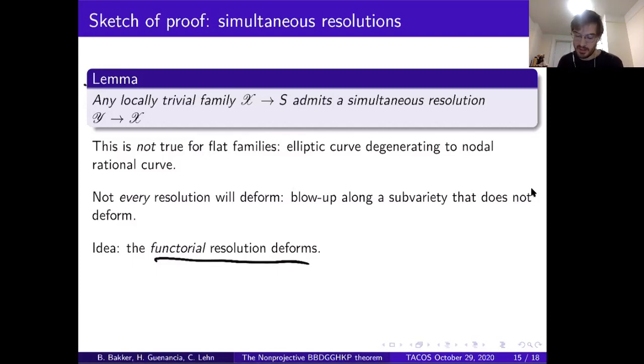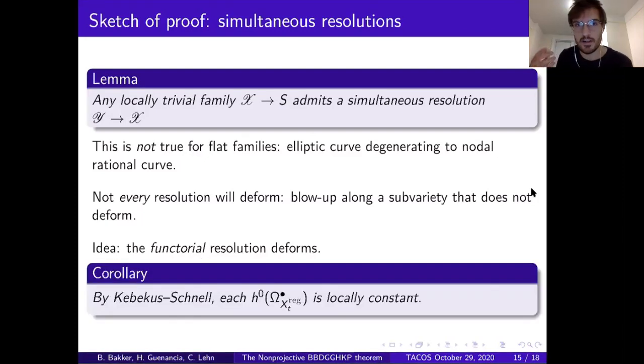The actual proof of this lemma is by deformation theory, and the way the functorial resolution shows up is that when you do the deformation theory, you see that being able to deform the resolution is related to being able to lift tangent fields. As an important corollary of this lemma, and using Kebekus-Schnell, we get that the dimension of the space of holomorphic forms on the regular loci is locally constant in locally trivial families.